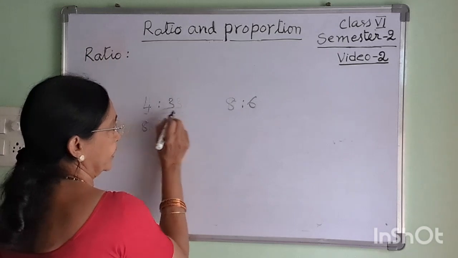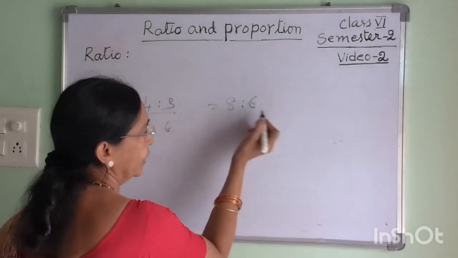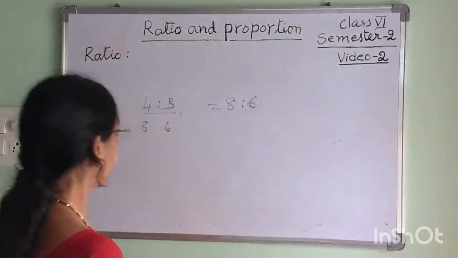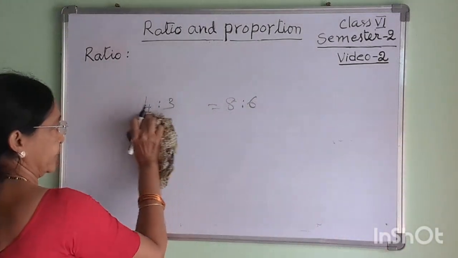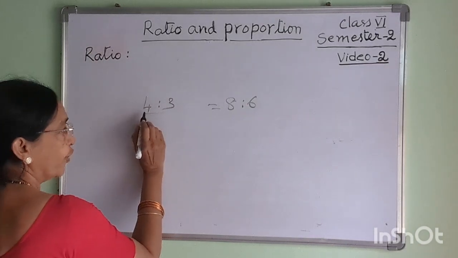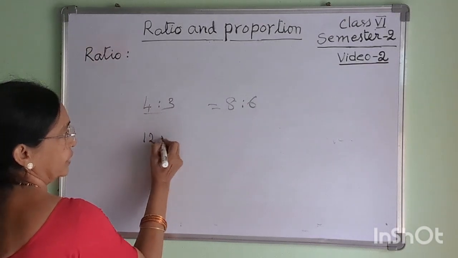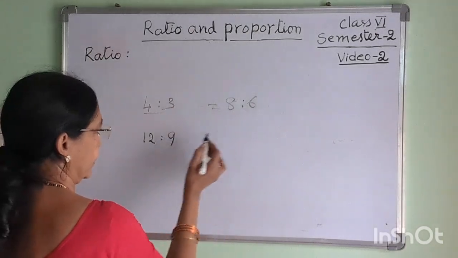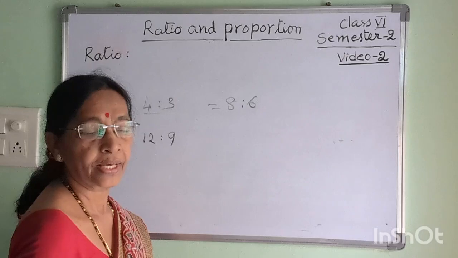Therefore 4:3 is equal to 8:6. Similarly, if we multiply both numbers by 3, we get another equivalent ratio: 4 threes are 12 is to 3 threes are 9. So 4:3 is equal to 8:6 is equal to 12:9.